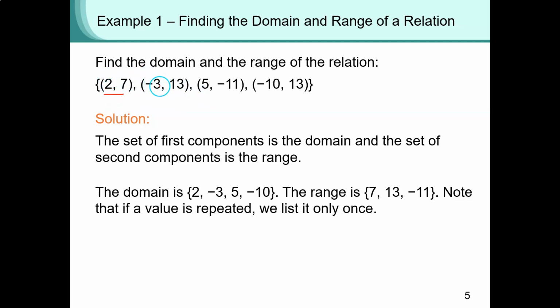So 2, -3, 5, -10 is the domain. The second components are 7, 13, -11, 13. Since the 13 has been represented one time, we don't repeat it a second time. So you only represent the 13 one time. So this set is the range.